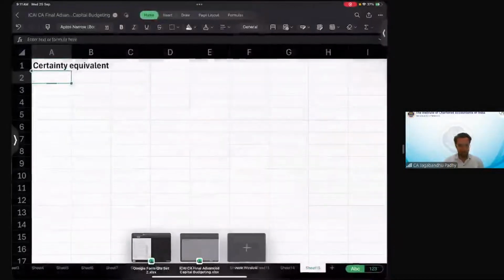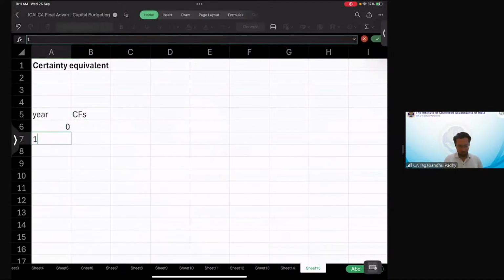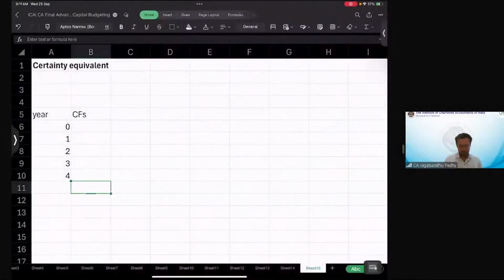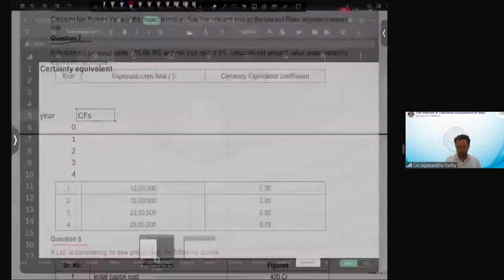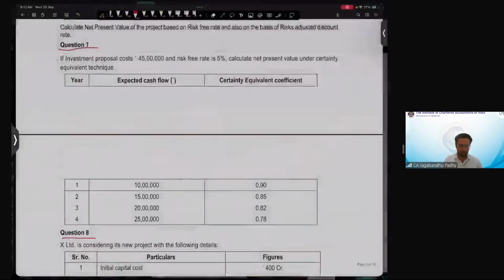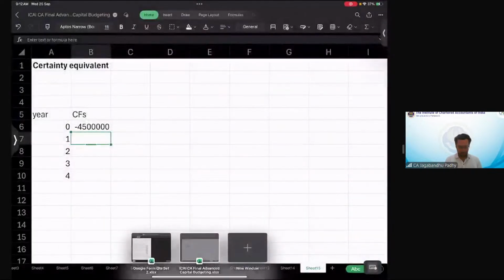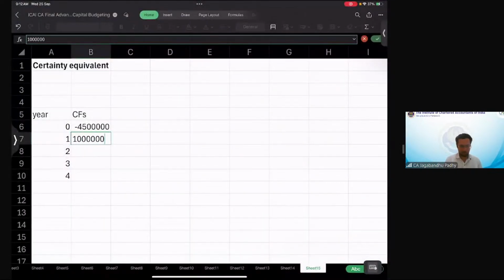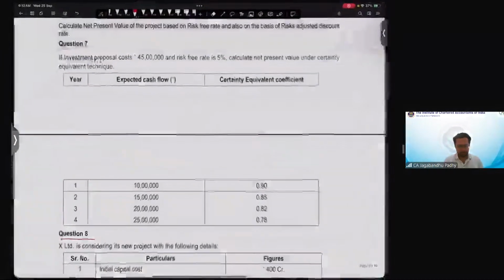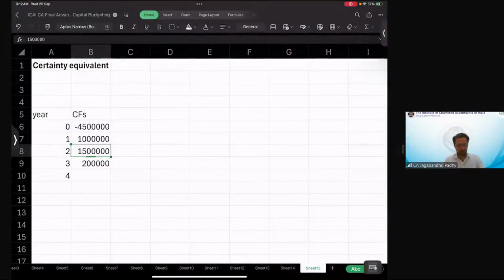So here we have the cash flows coming in. 1, 2, 3, 4. 4 years, there is an investment of 45 lakh in the current year. Investment of 45 lakh in the current year. And then you have 10 lakh, 15 lakhs, 20 lakhs, and 25 lakhs.